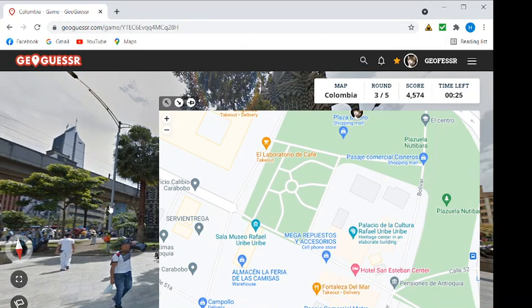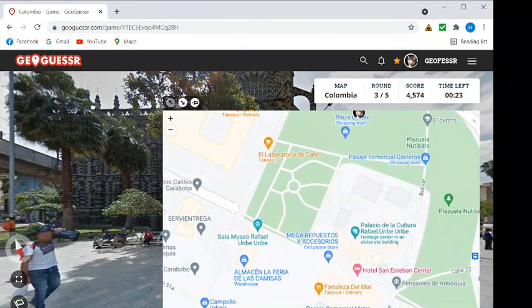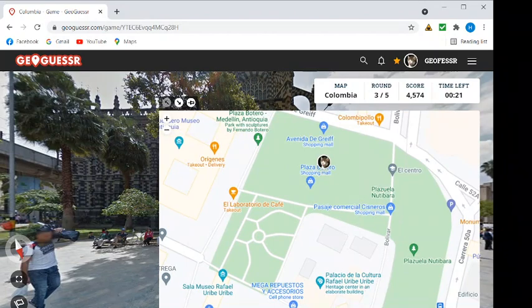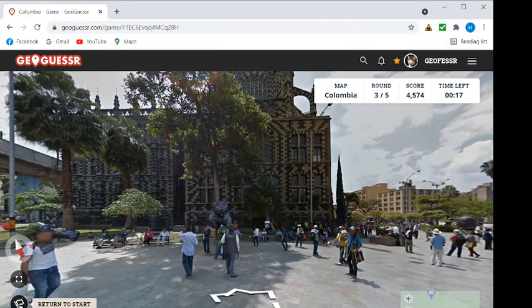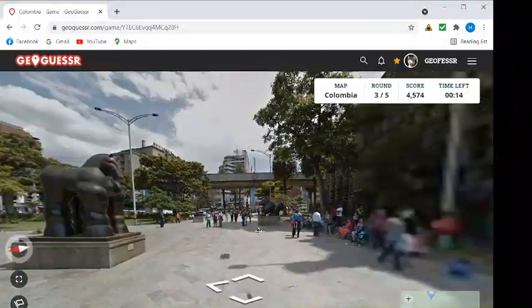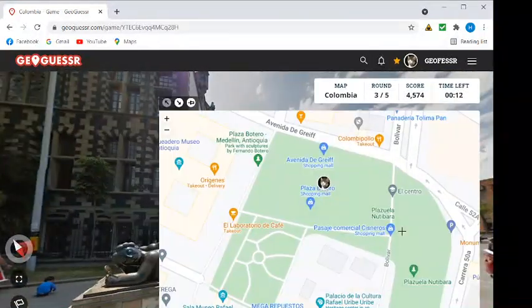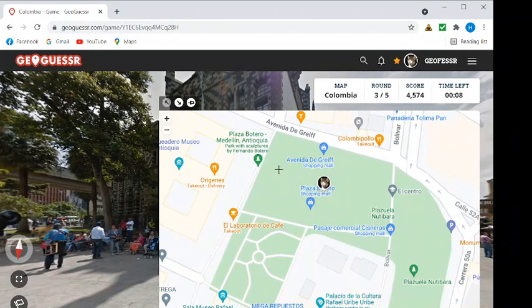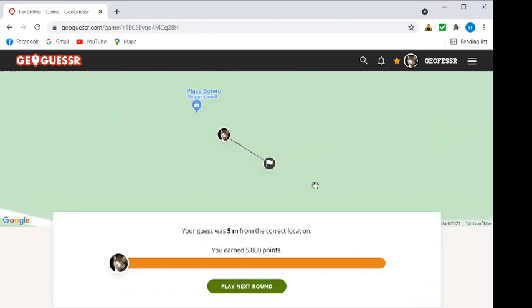Heritage Center in an elaborate building. We've got an elaborate building, certainly. Yeah, I think we're in the right place. Okay, so it looks like we're right about here. And that's where we are. Okay, so we 5K'd that round.